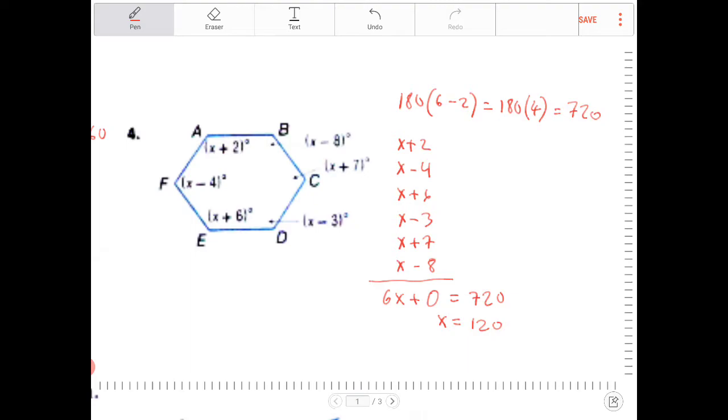And this is angle A, by the way, A, F, E, D, C, and B. So A would be 122, F would be 118, this would be 126, this would be 117, this would be 127, and then this would be 112.